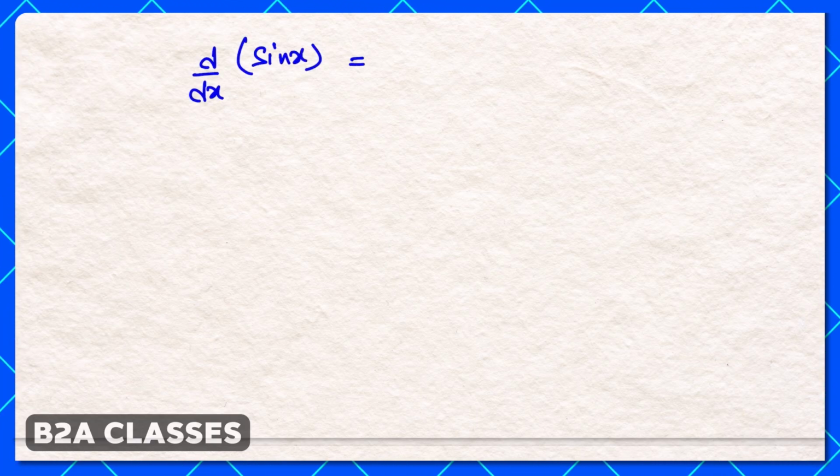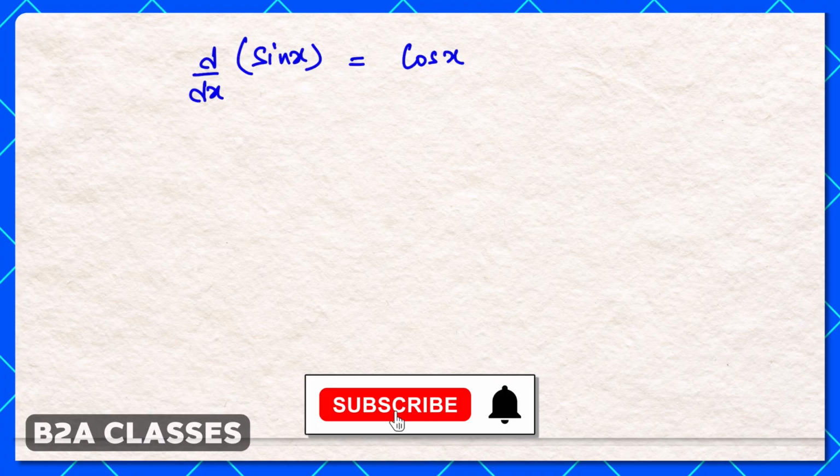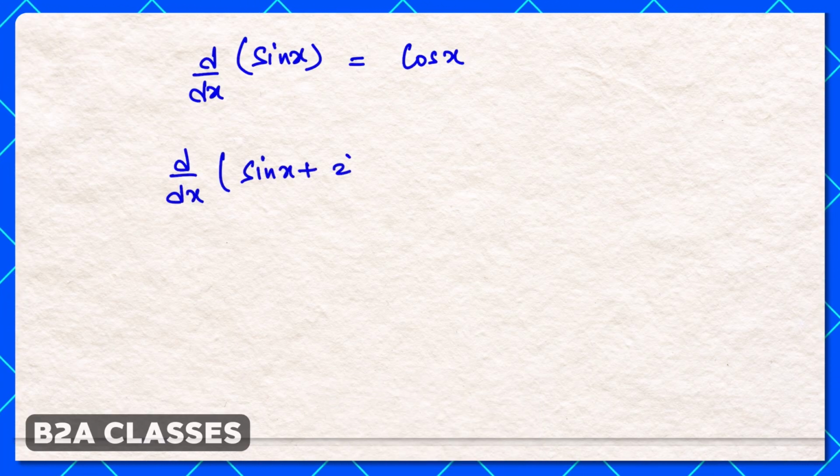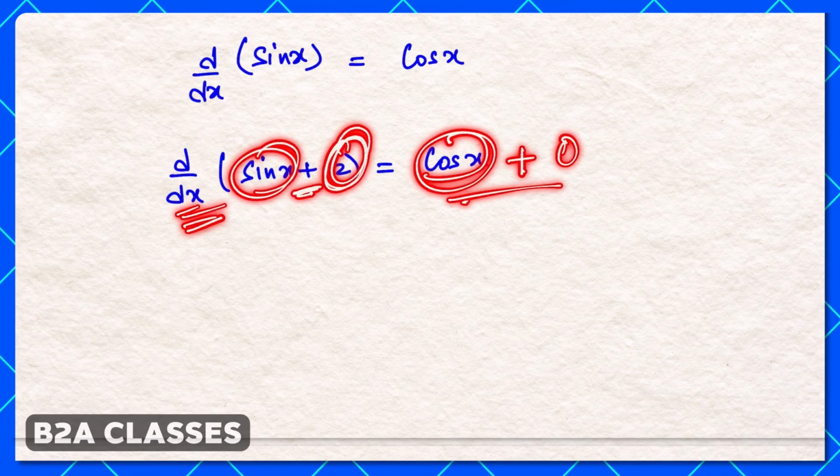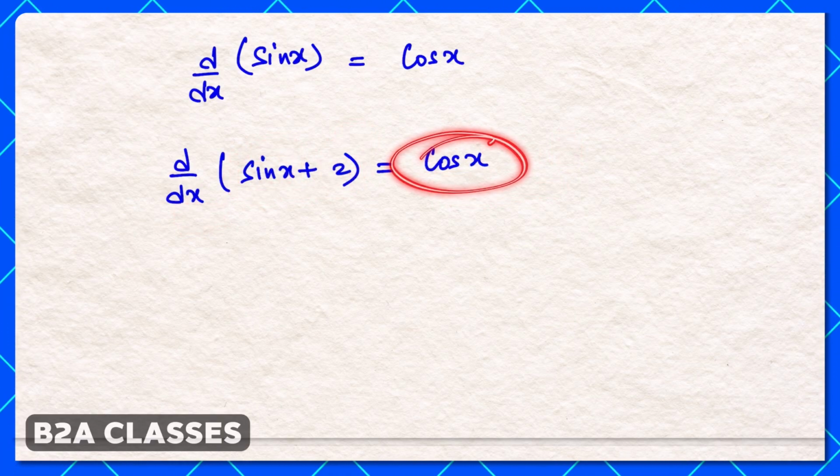So we know that the derivative of sin x is cos x, and the derivative of sin x plus 2 is also cos x. Because this is a direct formula, but here there is a plus. So the derivative of sin x is cos x, and plus the derivative of 2, which is a constant, will be 0. So cos x plus 0 is cos x.